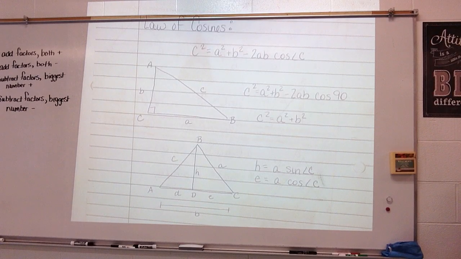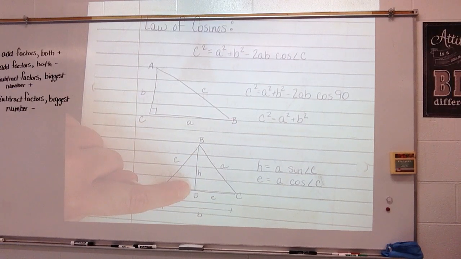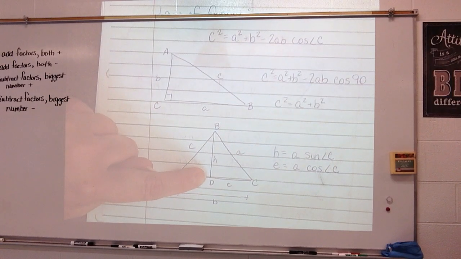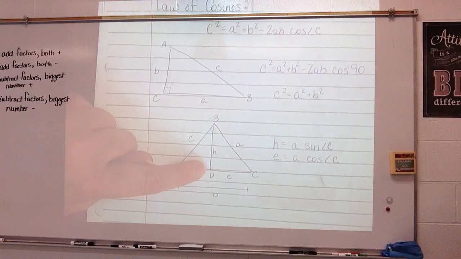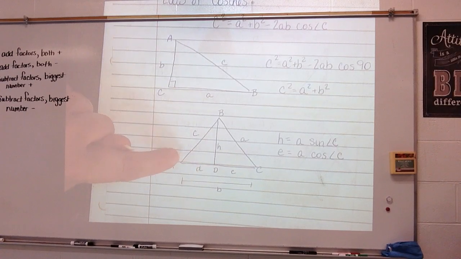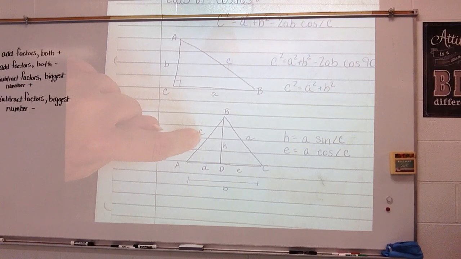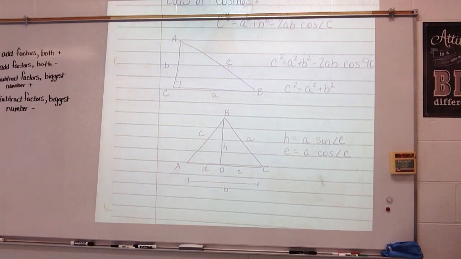Now we turn to the right triangle, triangle ABD. What length relationship can be concluded between the sides of the triangle? By the Pythagorean theorem, the length relationship in triangle ABD is C squared is equal to D squared plus H squared.